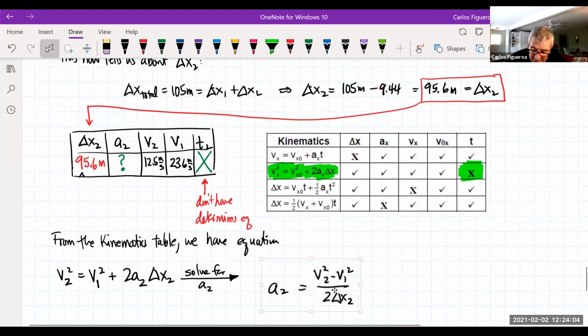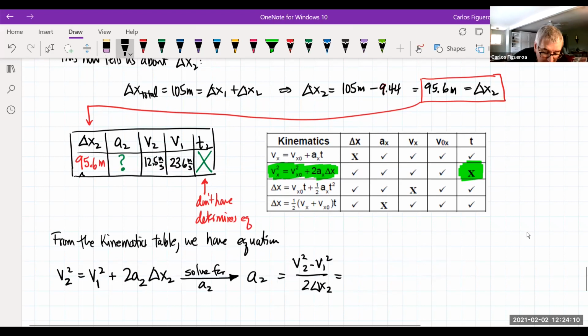Now that I have my acceleration, what am I going to do? I'm going to plug in my values from the table. What's my velocity v2? Well, it's got to be 12.5 meters per second. What's my initial velocity? 23.6 meters per second.